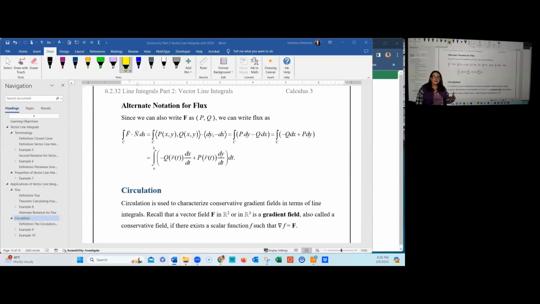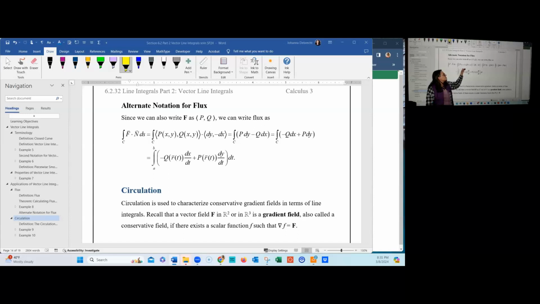This is integrated along the curve, and in order to do that, we write it in terms of the parameterization: negative Q of r of t times dx dt plus P of r of t times dy dt, integrated with respect to the differential dt.